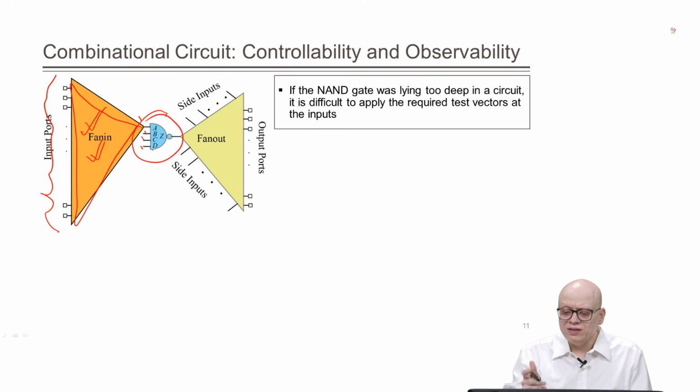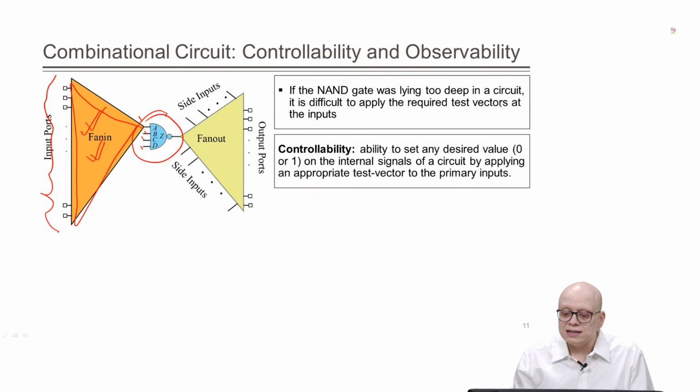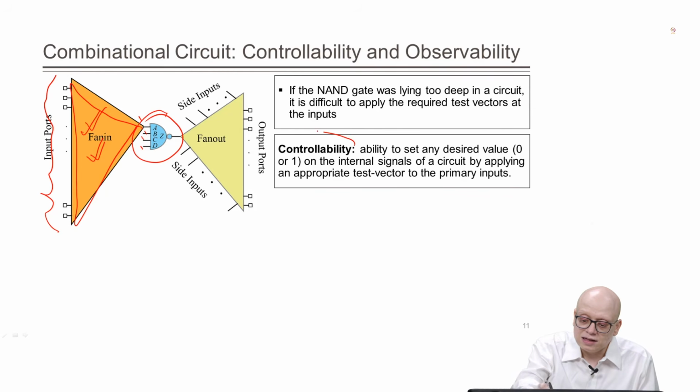So, if the NAND gate was lying too deep in a circuit, it is difficult to apply the required test pattern at the inputs, and this ability to set any desired value 0 or 1 on the internal signals of a circuit by applying an appropriate test vector to the primary input, this is known as the controllability, right.